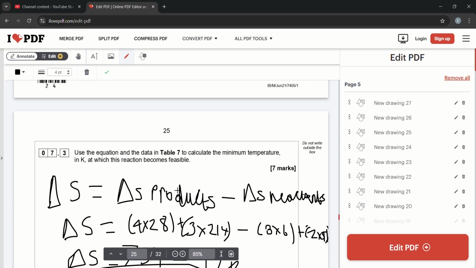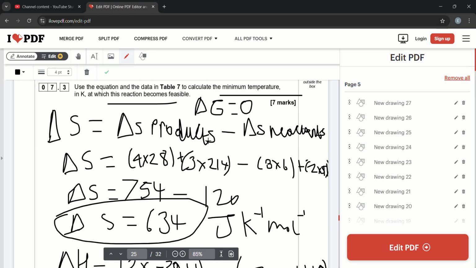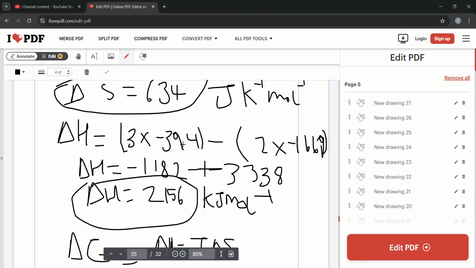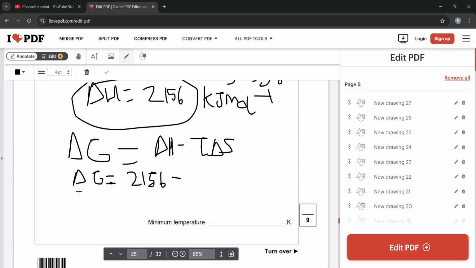And we should know that when we're trying to calculate the minimum temperature at which a reaction becomes feasible, delta G is equal to 0. So this one's a bit more complicated, because usually it just tells me to find the Gibbs free energy change. We know delta G is equal to 0.